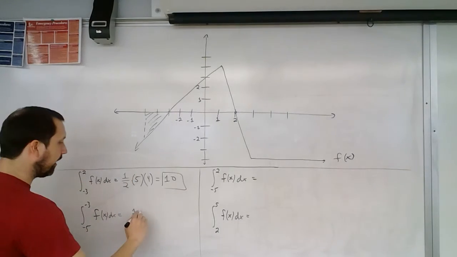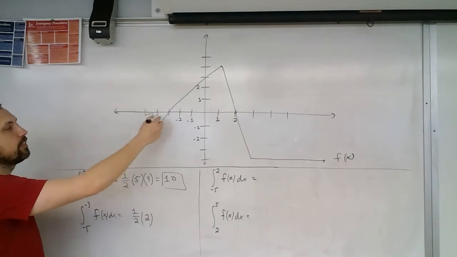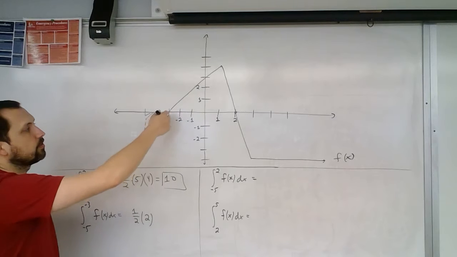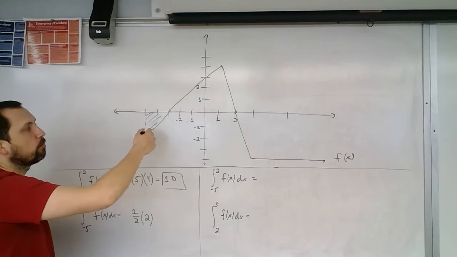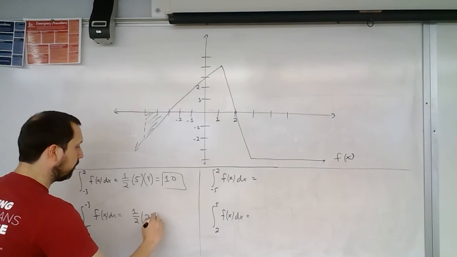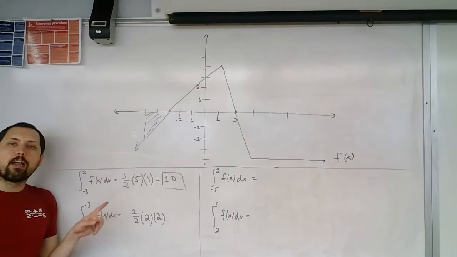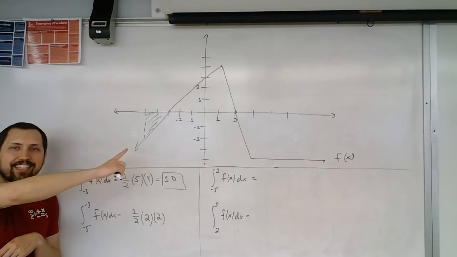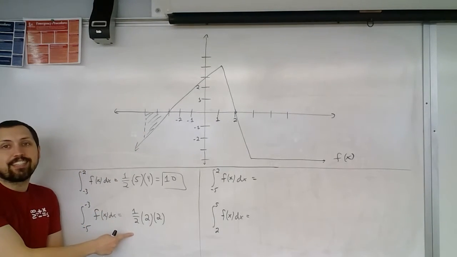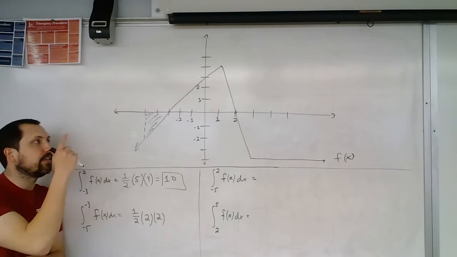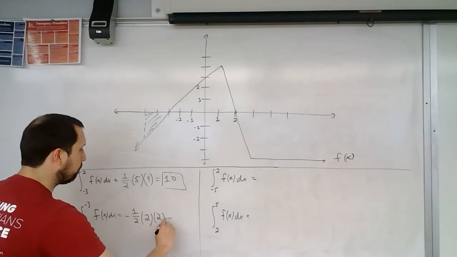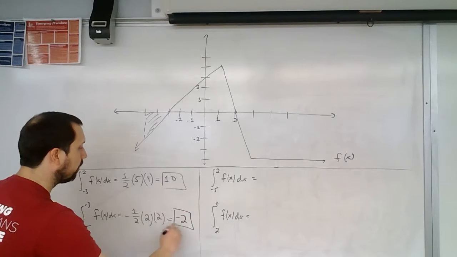Our base in this case is 2. Our height, if you continue looking at this line, this has a slope of 1. This is also going to be 2. But because we're below the x-axis, this is a negative area. So this ends up being -2.